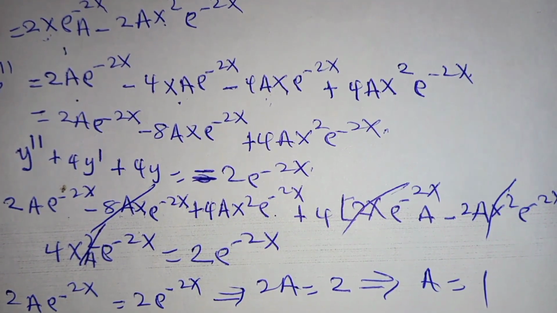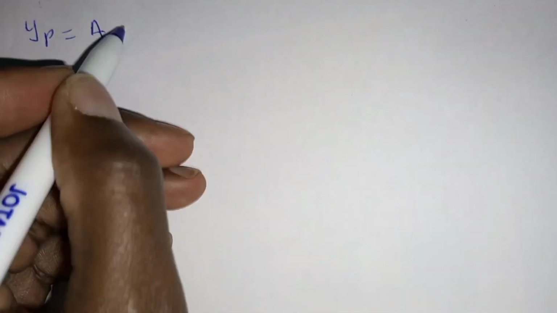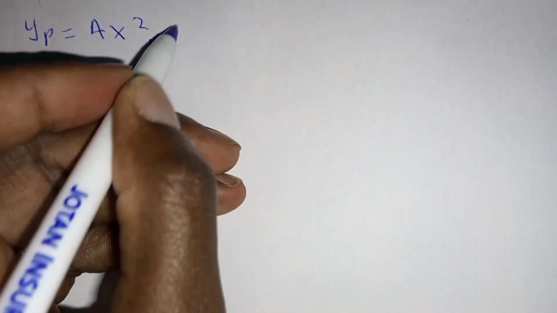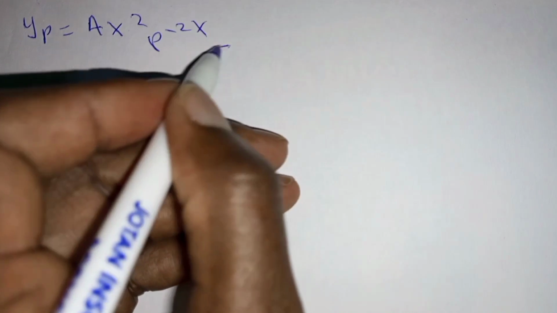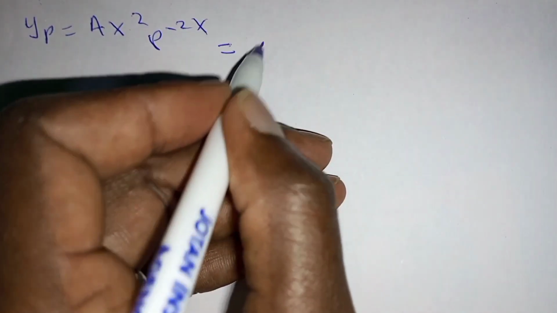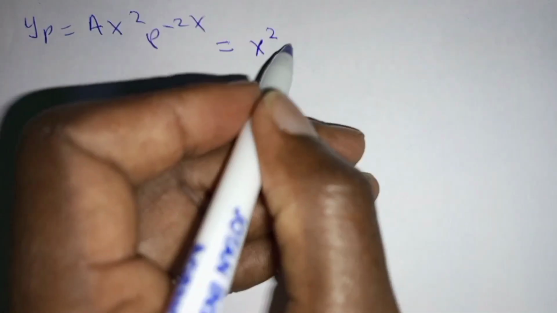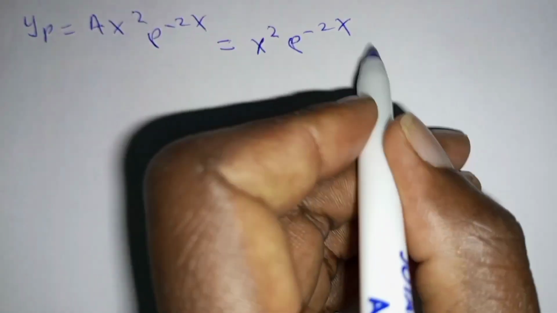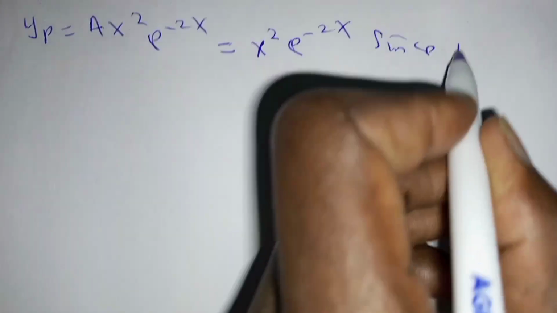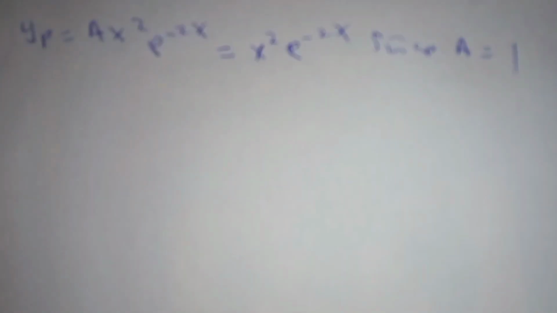So now our particular part, which we assumed to be a x squared exponential negative 2x, will become x squared exponential negative 2x, since we have obtained our a to be equal to 1.